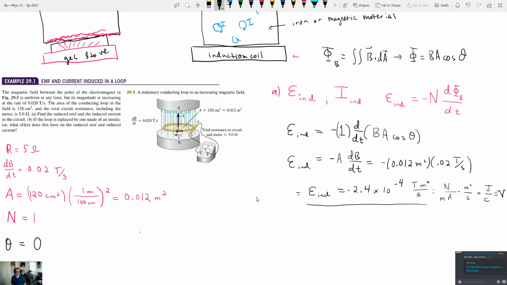So our induced EMF is negative 2.4 times 10 to the minus 4 volts, or 0.24 millivolts. Tesla meter squared over second is a volt. This is another way to remember the connection between Teslas and volts, because if you look at Faraday's law, volts on this side, and then this is going to be Tesla meters squared per second on this side because of what's in here.